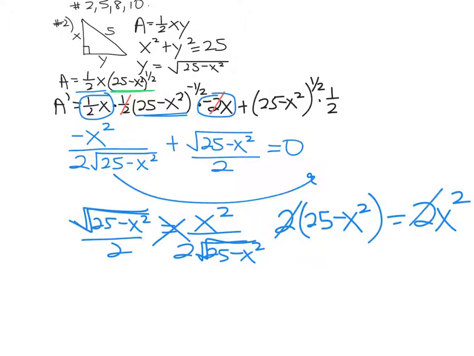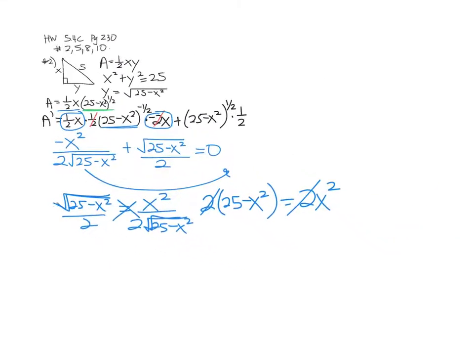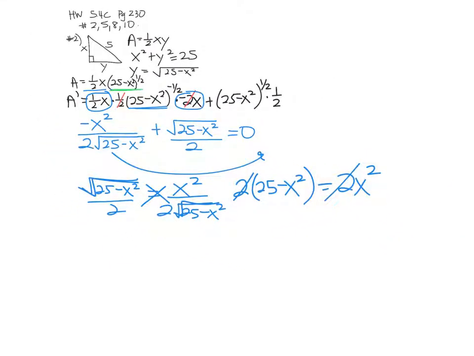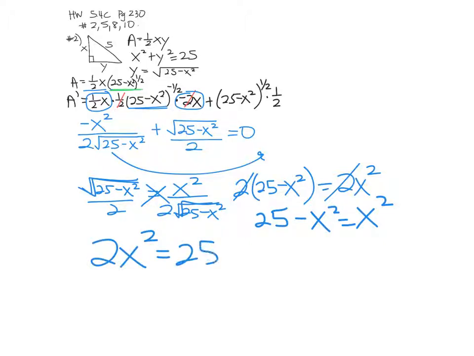Divide both sides by 2. Oops, sorry about that. So now we have 25 minus x squared equals x squared. Add that x squared to the other side, so we get 2x squared equals 25. Divide by 2. x squared is 12.5, so x equals, and you can do this in your calculator, write it as a decimal, whatever you want to do.